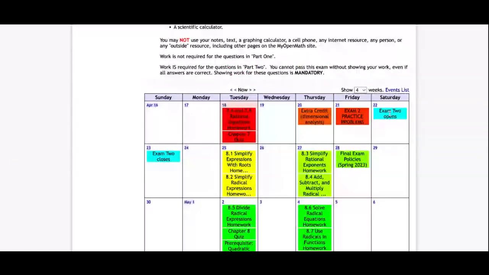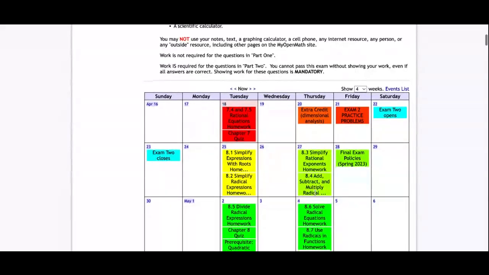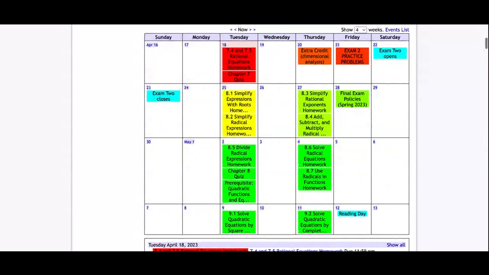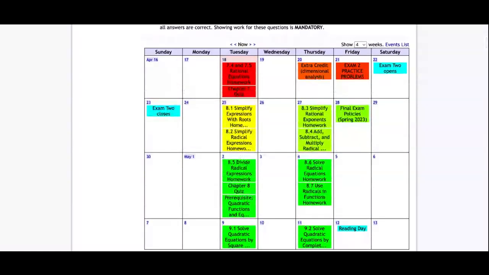Okay, so exam 2 opens, I think, early morning, then closes Sunday night, right? So the same policy, you pick 2 hours in those 2 days. Once you start, you cannot pause.